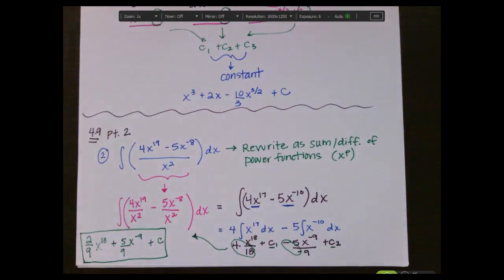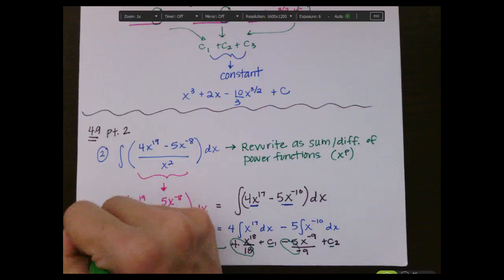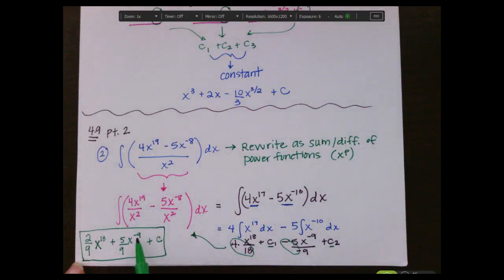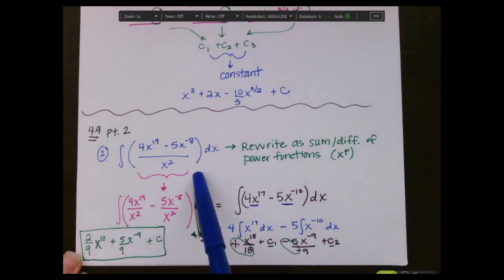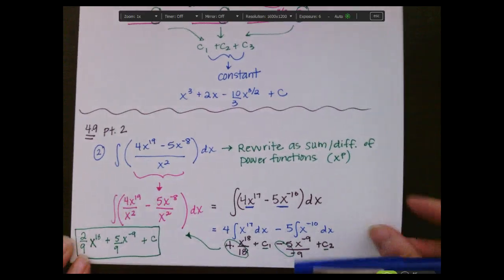You may also, especially in my math lab, think about writing this x to the negative 9 as a positive x to the 9th in the denominator, which are equivalent. But either way, that is the antiderivative or the answer to this integration problem here. Let's keep going with some more examples.